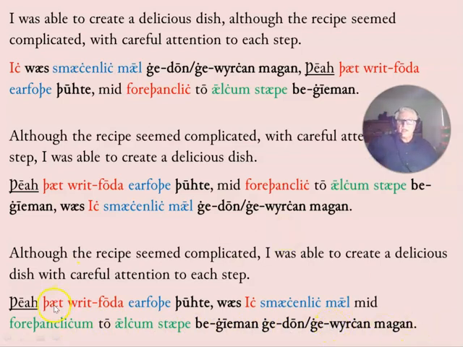All right. So here I've got the subordinate clause, and don't forget, with a subordinate clause, all the verbs go to the end. So the only verb appearing here is thurchte, which is seemed, and that goes to the end.